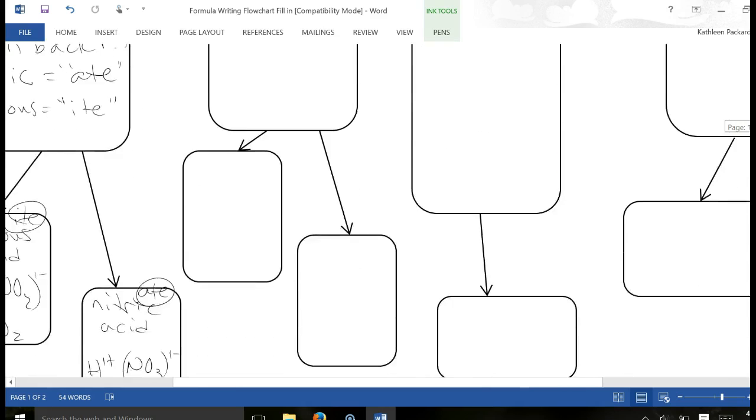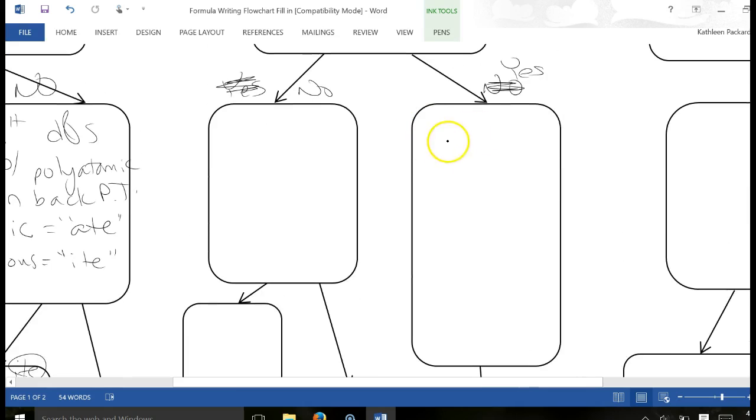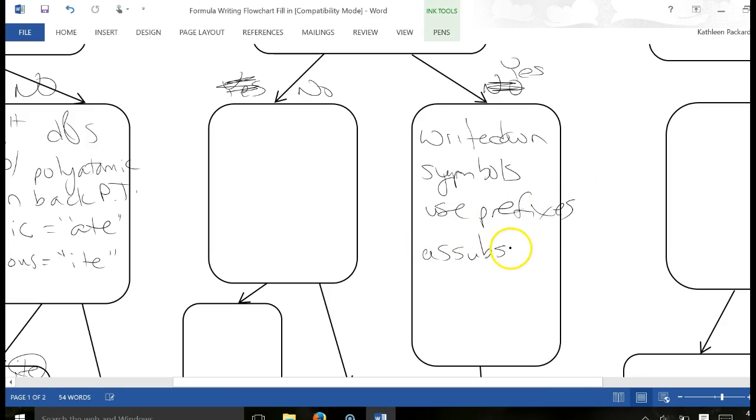If you see prefixes, you're going to write down the symbols. You're going to use the prefixes as subscripts. The important thing is there is no drop and swap, no simplifying.